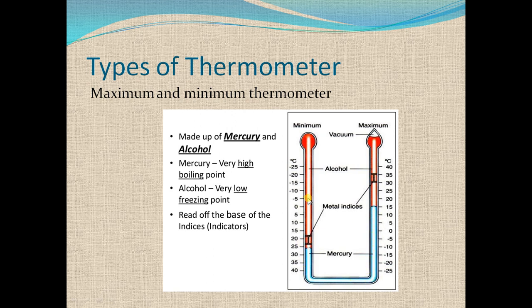On top of the mercury, alcohol is present. So this side notes the maximum temperature, and this side notes the minimum temperature. The metal pieces inserted on both sides indicate the minimum and maximum temperature for 24 hours.